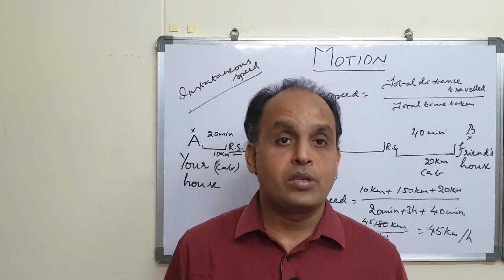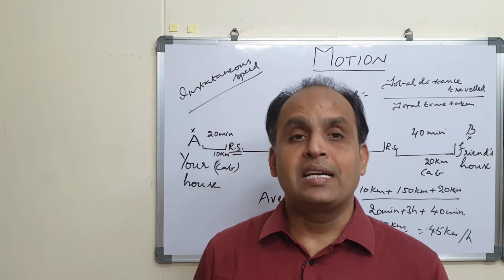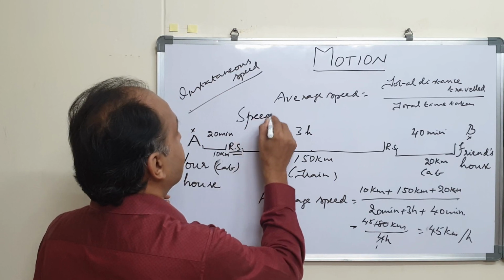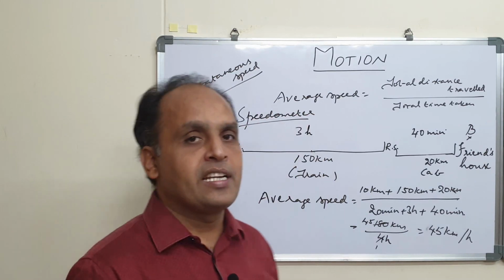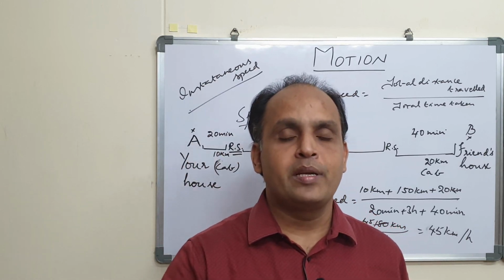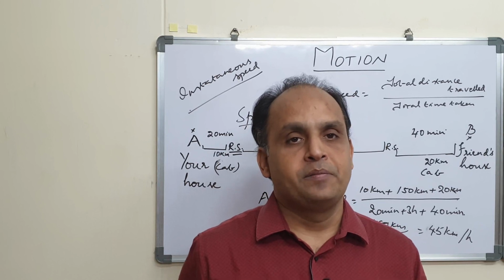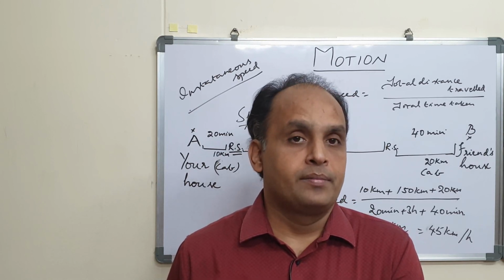I was saying about the device at which you looked. That device is what we call a speedometer. A speedometer is an instrument fitted in automobiles which gives us the instantaneous speed, or the speed with which the vehicle is traveling.